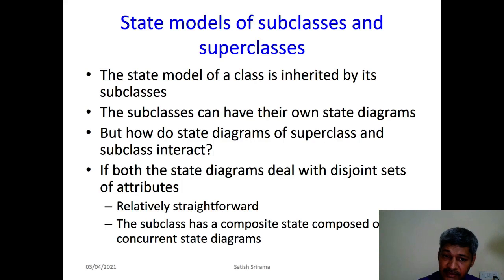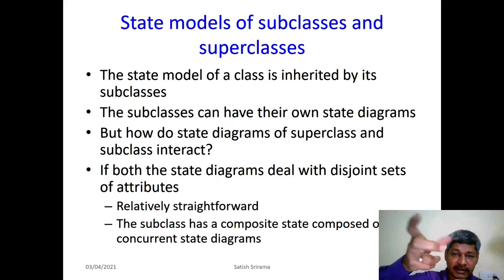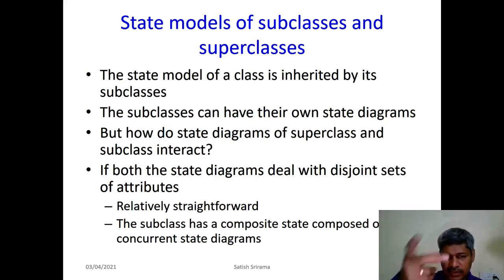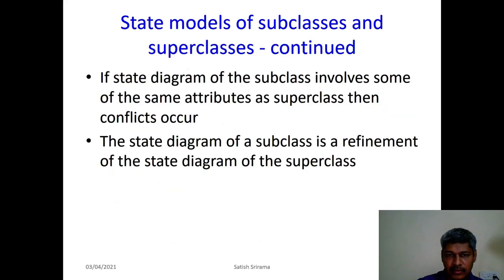But what happens when we have inheritance and overriding? You take the attributes of the superclass, modify them, and work with them. If the state diagram of the subclass involves some of the attributes which are also used by the superclass, then a conflict occurs.